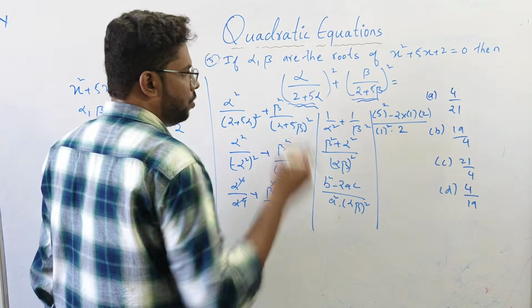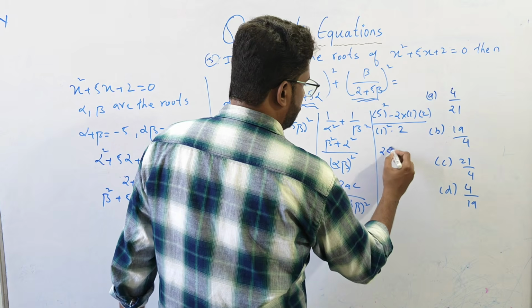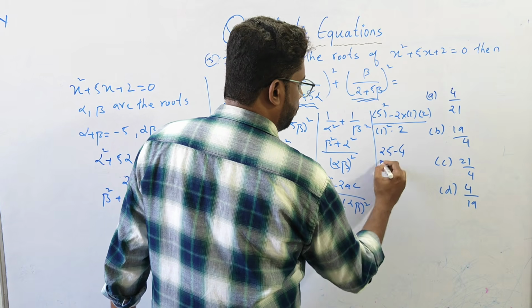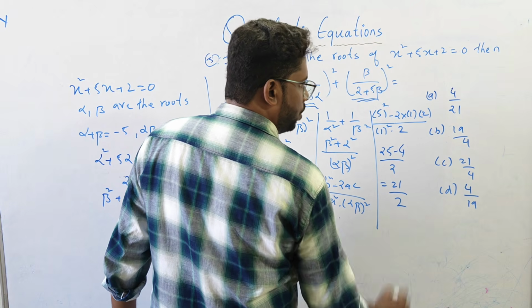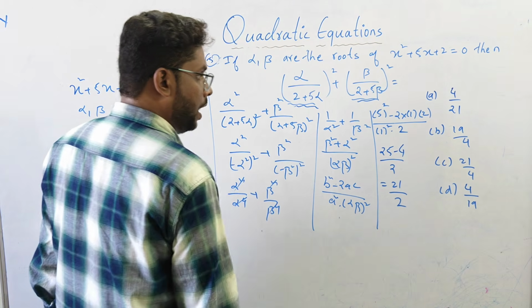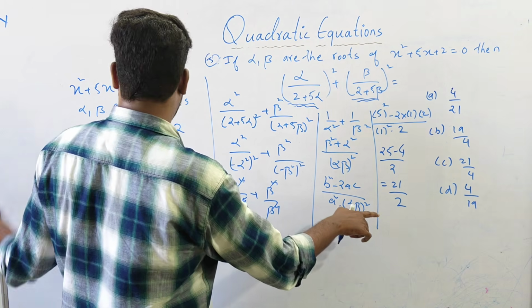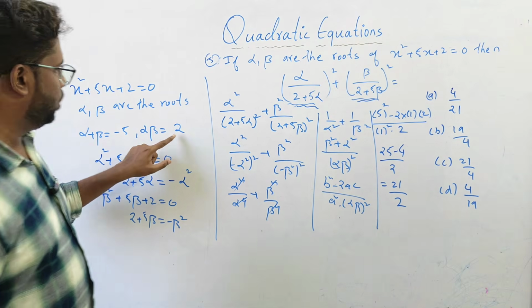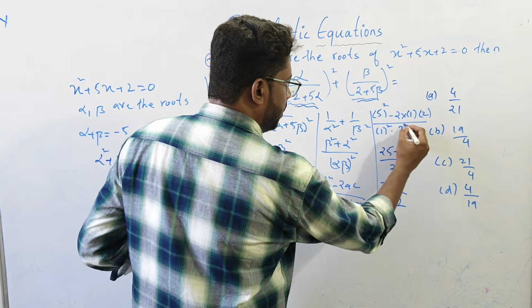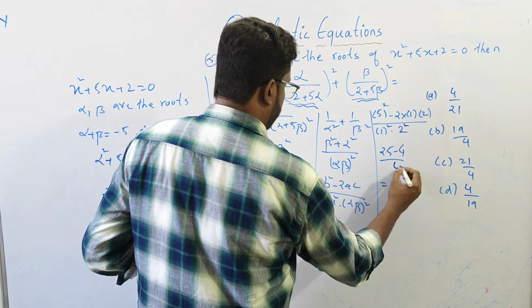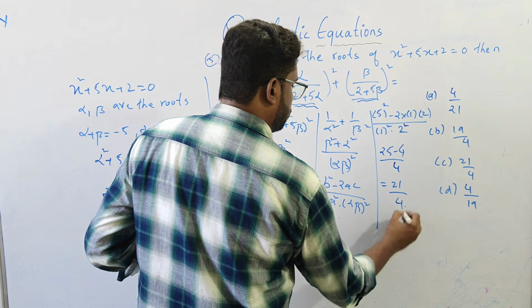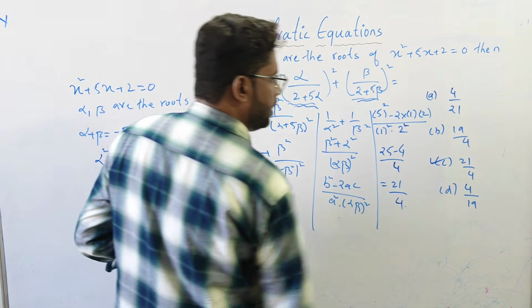Simplify, what you get? 25 minus 2 twos are 4, which is 21, over 2. 21 by 2. See here, alpha beta whole square is here. The alpha beta value is 2, and 2 square is 4. 4 ones are 4. So the answer here is 21 by 4. Option C is the correct one.